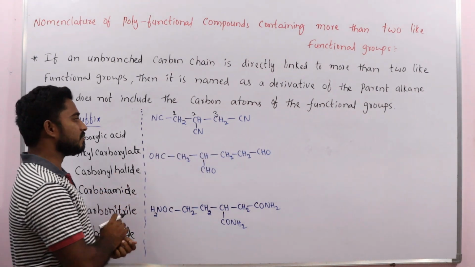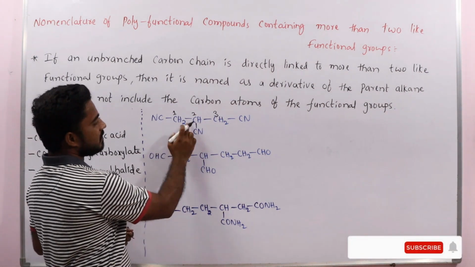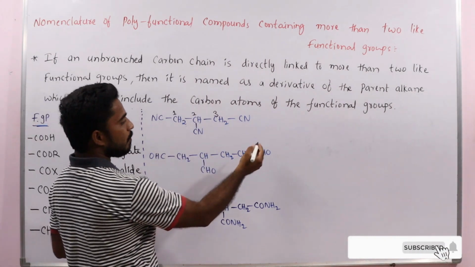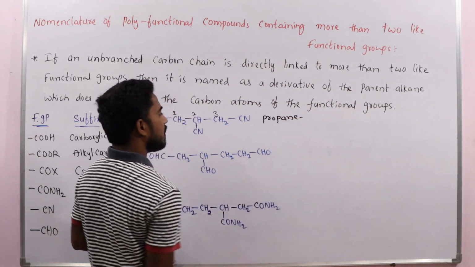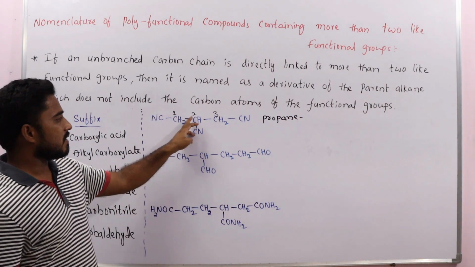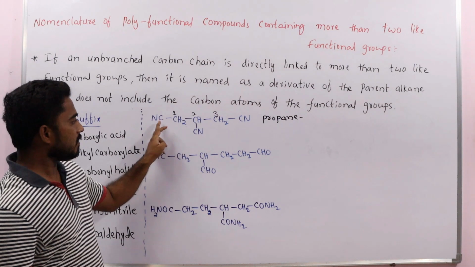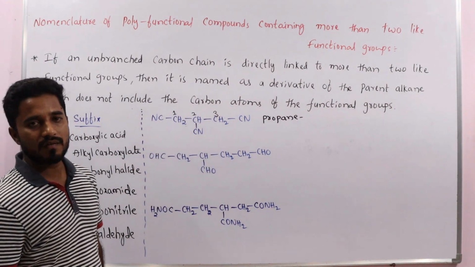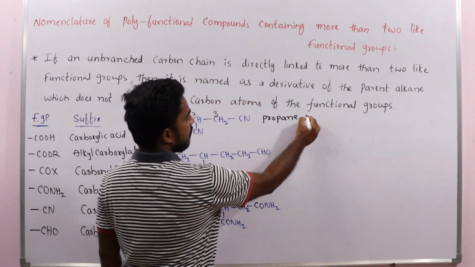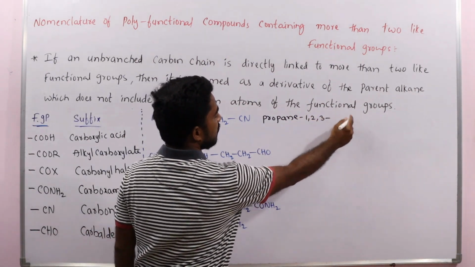So let us write the name. In the parent chain 3 carbons are there, that's why propane. At the first position 1 CN, at the second position 1 CN, at the third position 1 CN. That's why we should write 1 comma 2 comma 3.